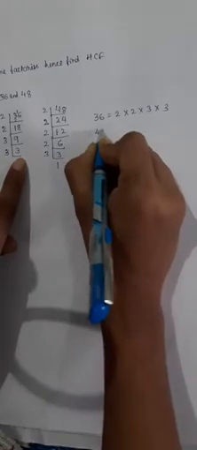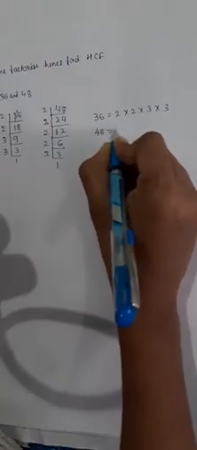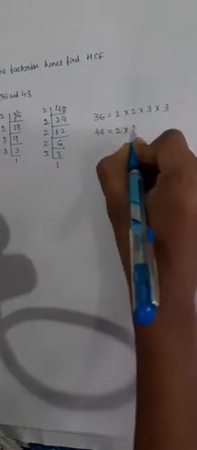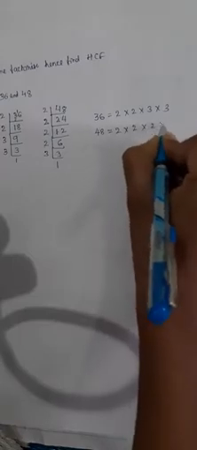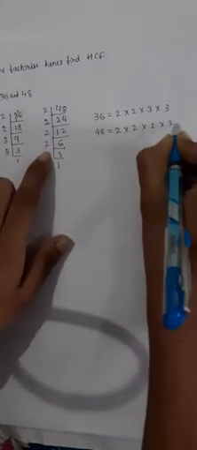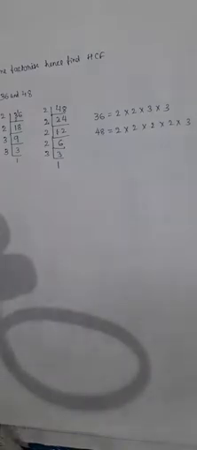And how we are going to write the factorization of 48? 2 multiplied by 2 multiplied by 2 multiplied by 2 multiplied by 3. So just check whether your answer is correct or not.